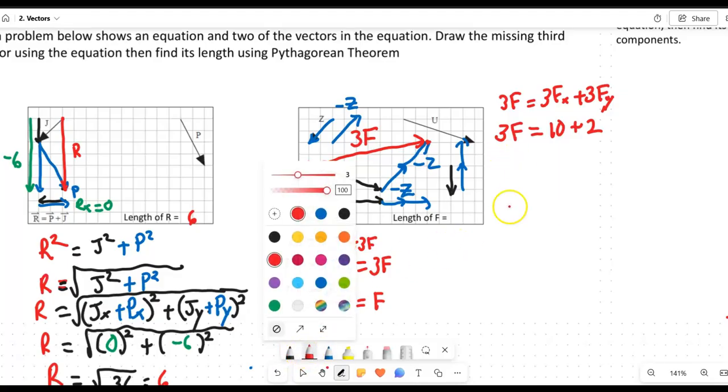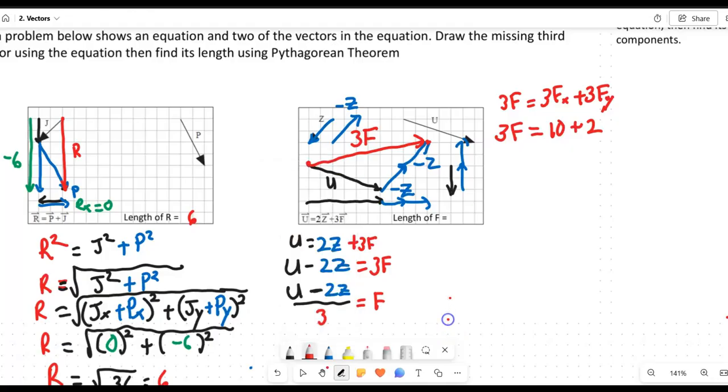So the length of 3f is going to be this. We're going to take 3f, which we're going to call this, just think of this as a vector 3f. So we're going to square this, which is equal to 10 squared plus 2 squared.